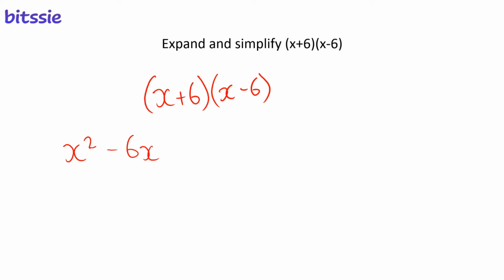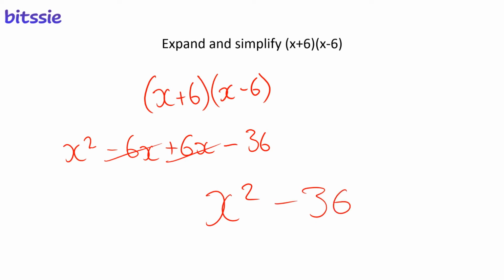Then we multiply our plus 6 with the x to give us plus 6x. And then we multiply these two together to give us minus 36. Now we can simplify this to give us x squared, and then since these two cancel out, minus 36. So that's our answer for question 3.